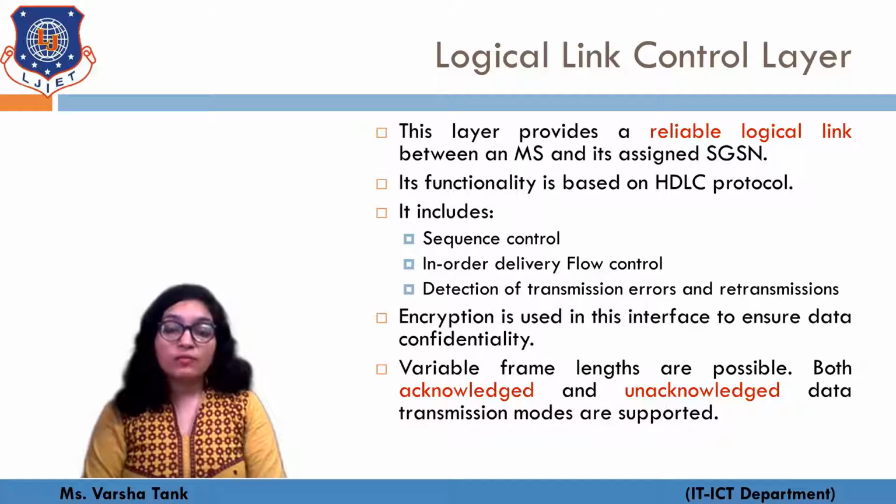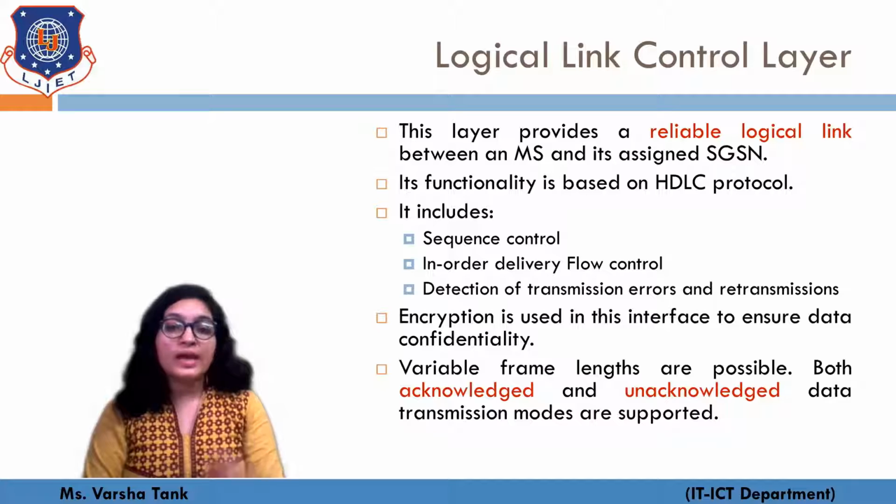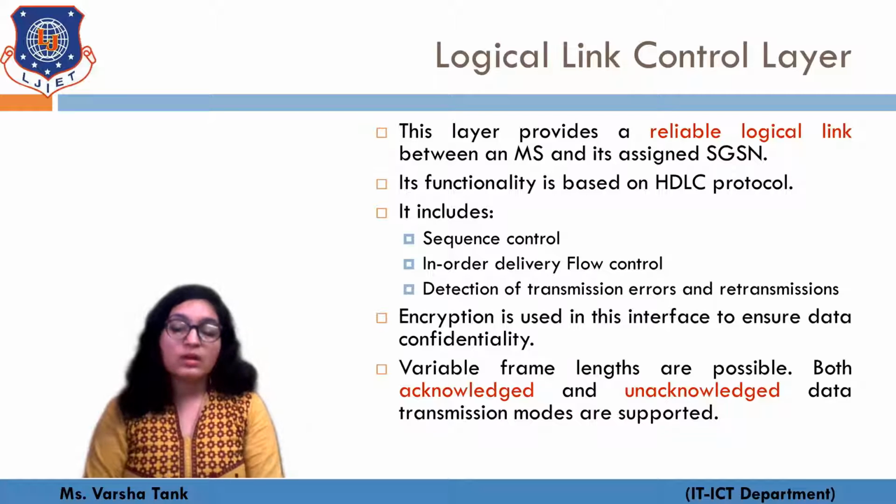Sequence control means that if we are transferring data packets and dividing the entire data into different packets, those packets should be in sequence. And in-order delivery means that if the data is divided into 5 packets, then the delivery should be in order, that is 1, 2, 3, 4, etc. Then detection of transmission errors means that if there is any error, it should be detected, and it should be corrected.